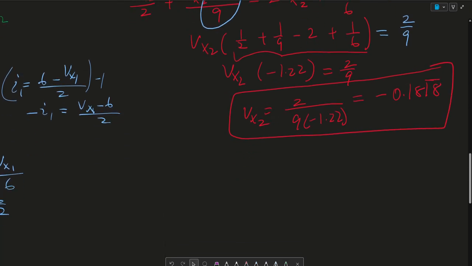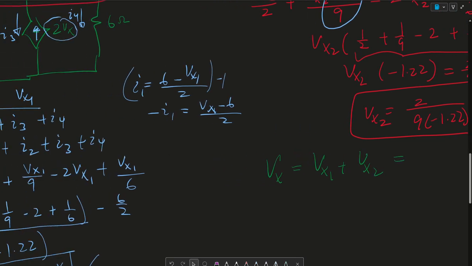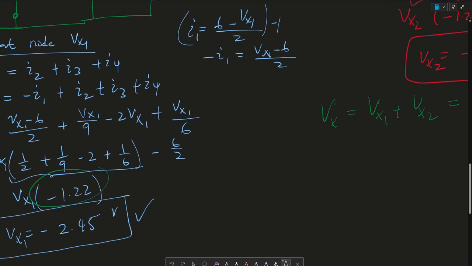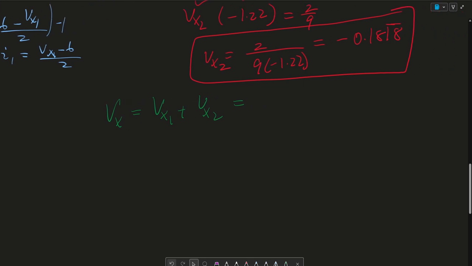And superposition tells us that Vx is equal to Vx of 1 plus Vx of 2, which is then equal to negative 2.45 plus negative 0.1818, which is equal to negative 2.63 volts for Vx.